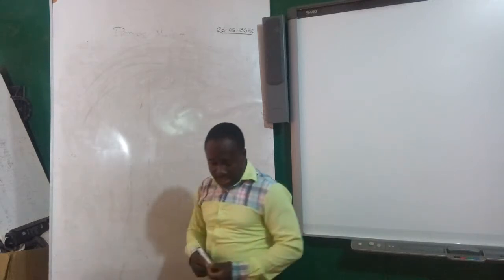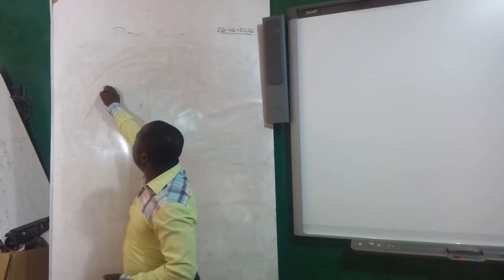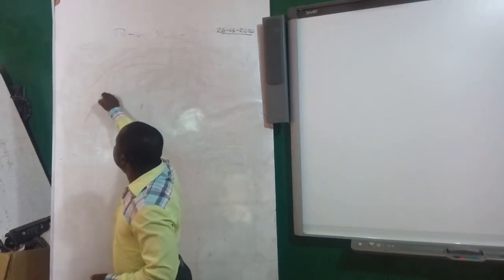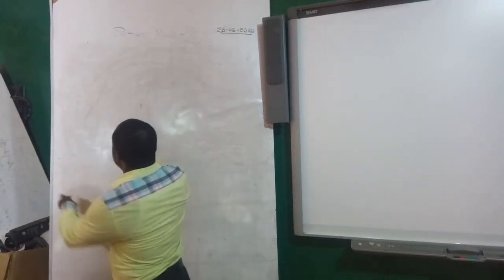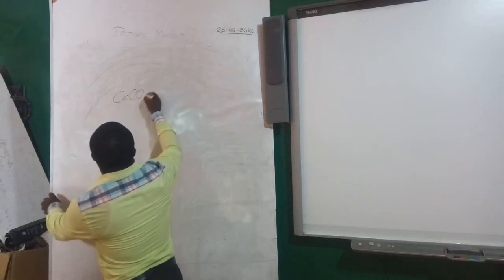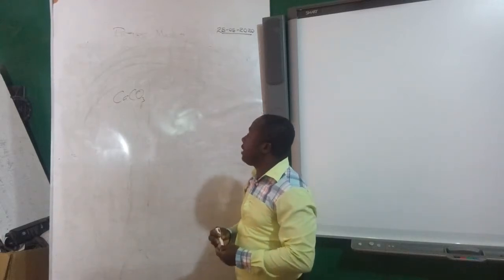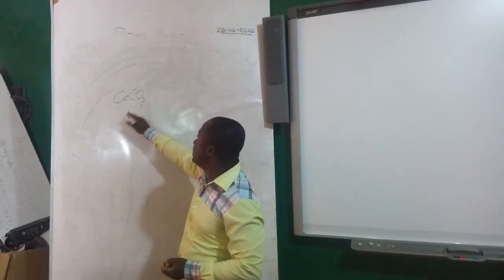Now, let's look at this. For instance, you have calcium trioxocarbonate 4. So this is a carbonate.